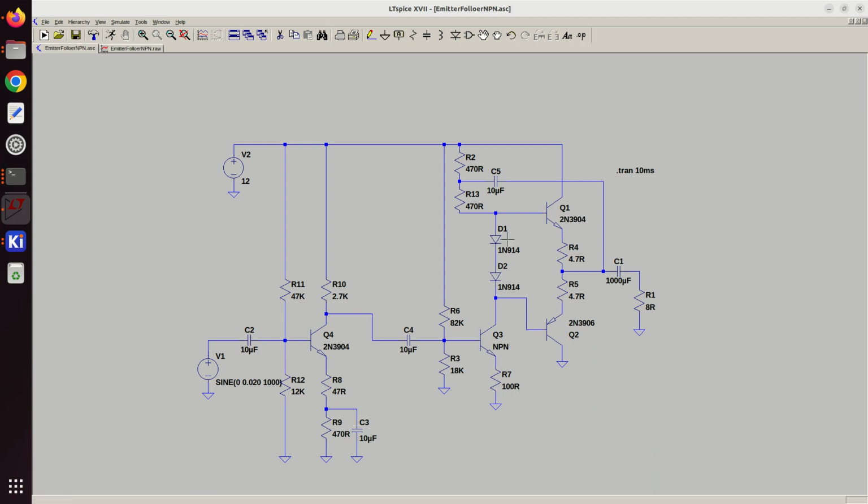Okay, so I'm just going to do one other thing here, which is replace this with a VBE multiplier. For the VBE multiplier, basically what we're going to do is replace these two diodes with a transistor. So I just move these guys out of the way.